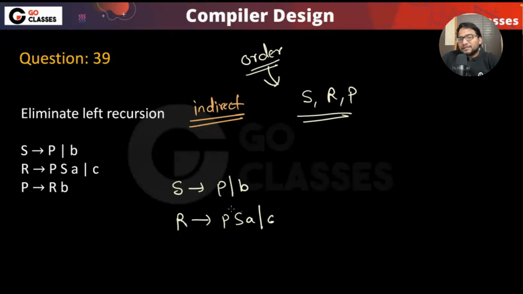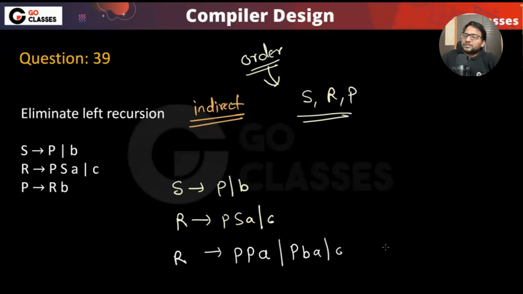We need to replace S productions, right? Which is P and B. So basically you will replace with P and then you will replace with B. So it will become PP. If you replace with P, you will become like this. If you replace with a small b, it will become like this, right? So it is a replacement. Understood? So this is the very first step that you need to do.